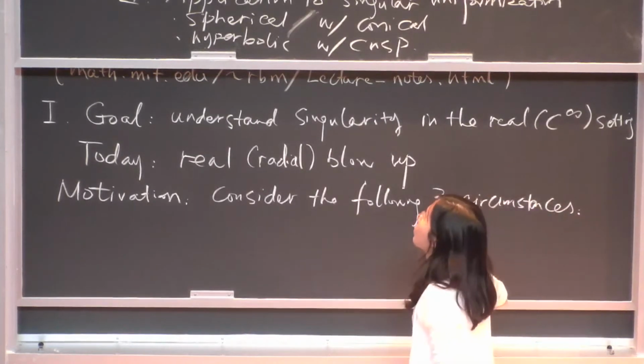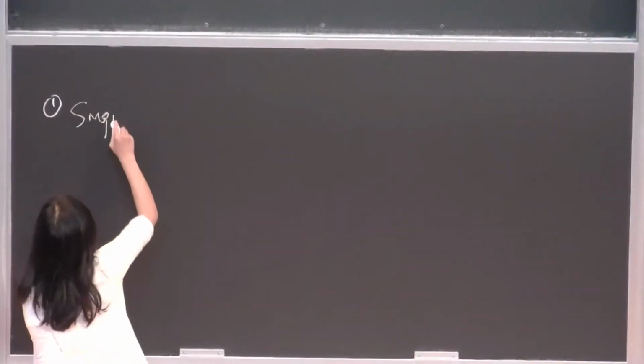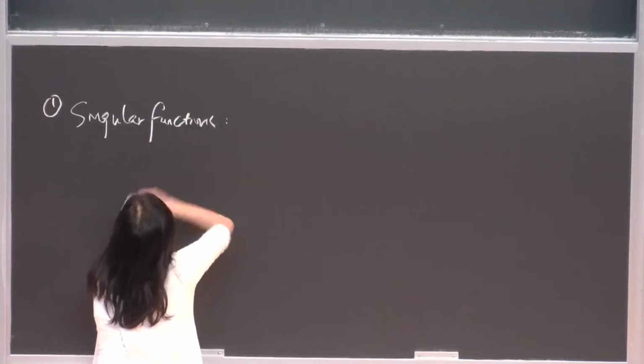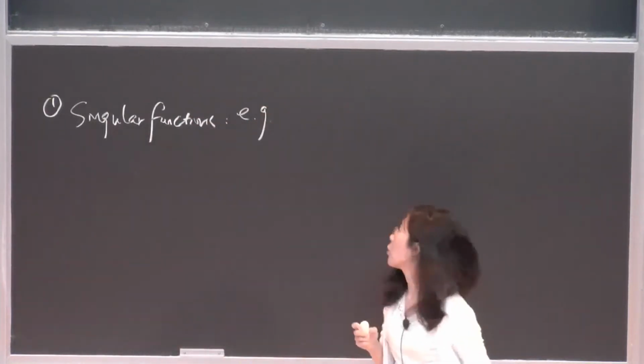Okay, and I think I should use a different board for that. The three things are interrelated, but they arise from different places. The first one is singular functions. For example, consider the radial function in R3.